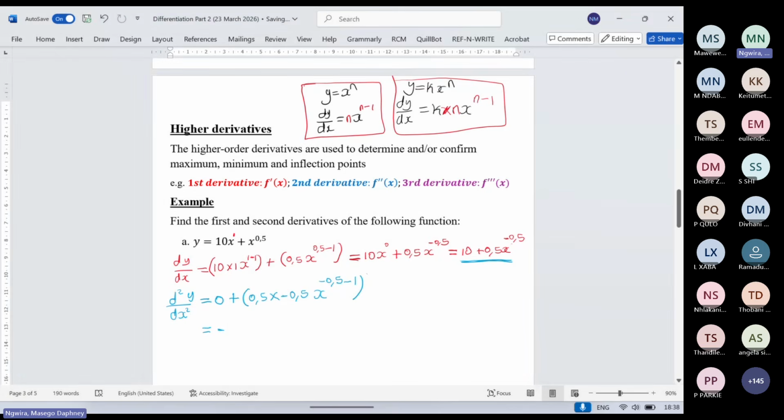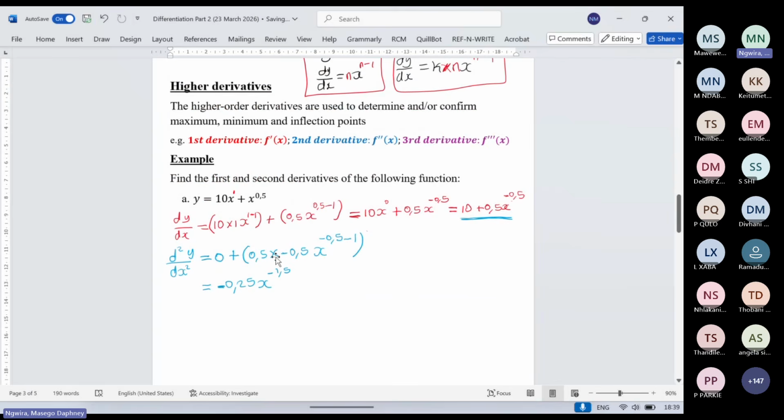So this will be negative 0.25, and then x to the power of, no, it's 3 over 2. So what is 3 over 2 in decimal form? 1.5. Again, if you write it in fraction form, it's still fine. It's not wrong. Like you haven't done anything wrong.